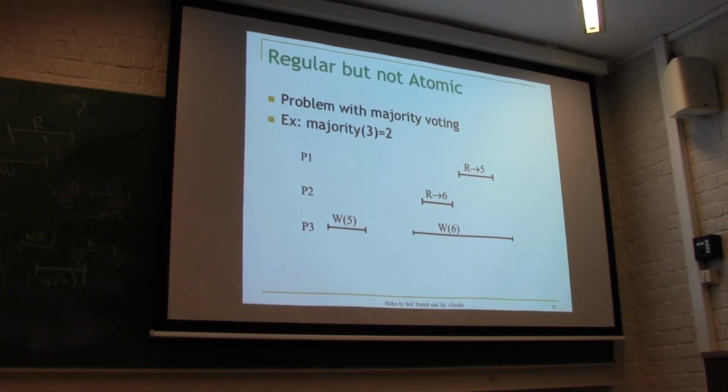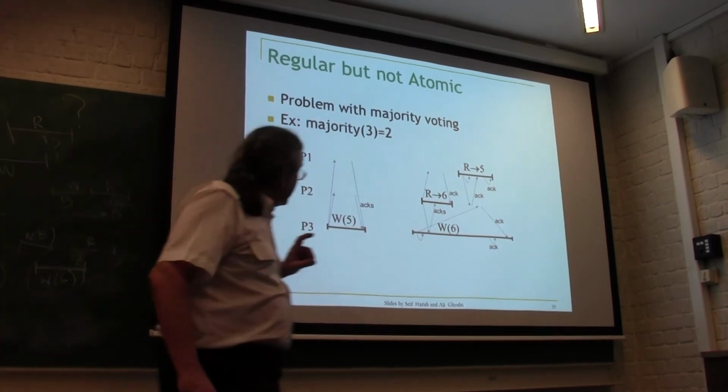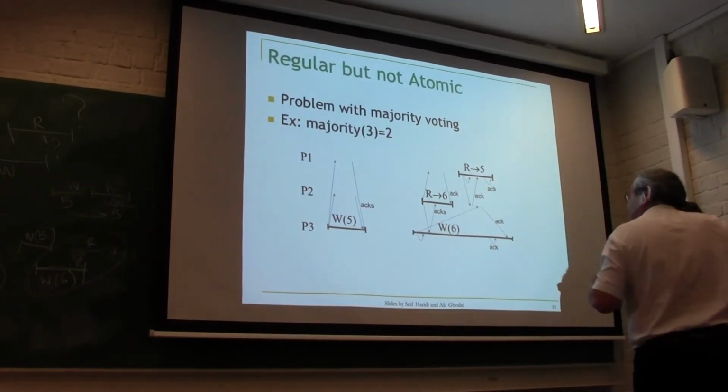Now this one, majority. Majority. Okay, and like that. So this actually is a correct majority regular execution, but it's not linearizable.